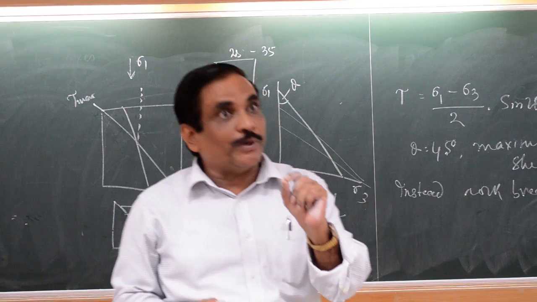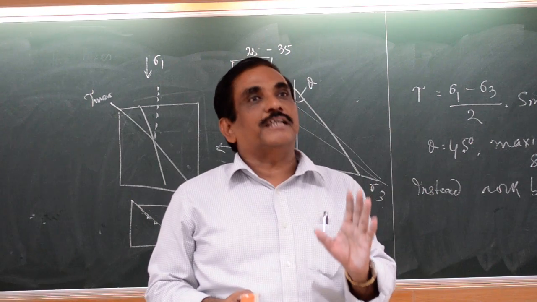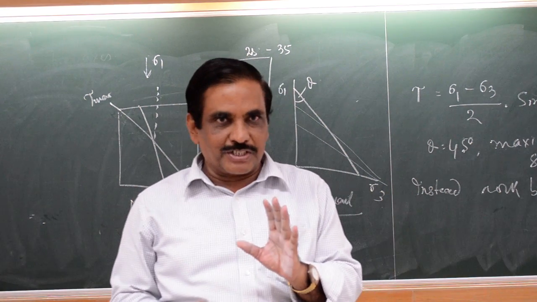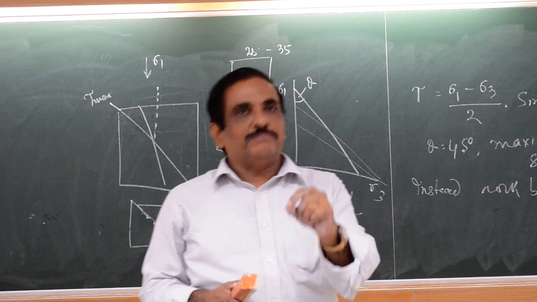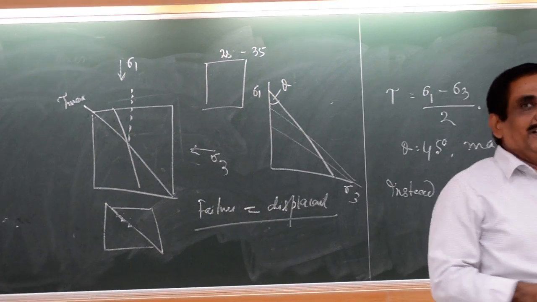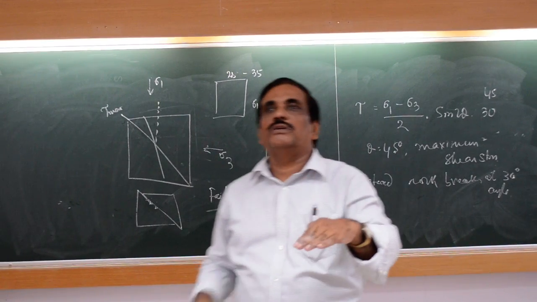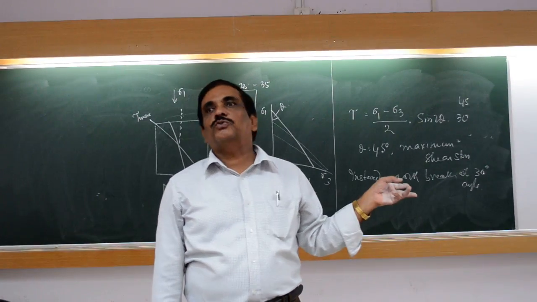So that is the reason why rock does not break at 45 degree. Rock breaks at 30 degree. Answer you could understand, na? At 30 degree position, the friction will be the minimum. It will be overcome, and cohesion will be under control. So these are the two things that are required for rock to fail.